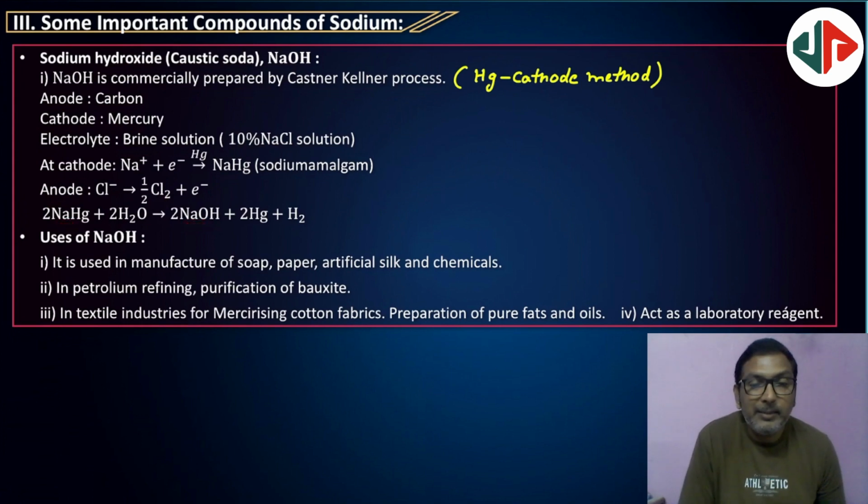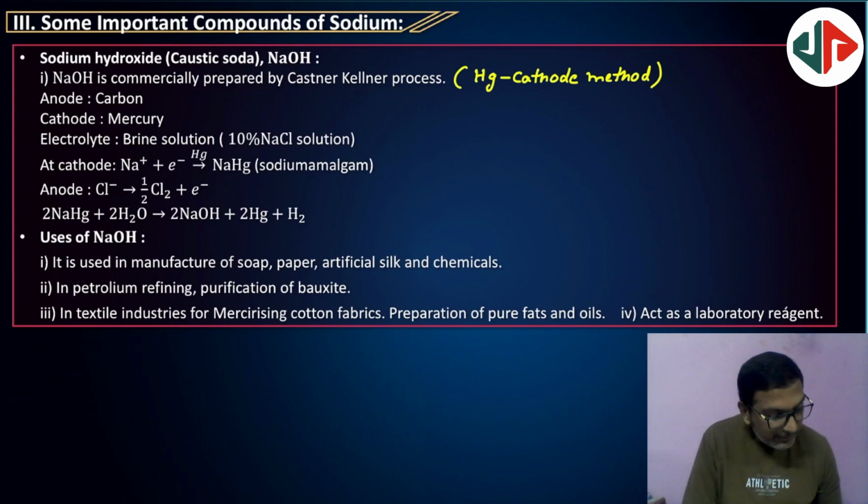There are three compartments, outer compartments and a middle compartment. In the outer compartment, sodium amalgam is formed. That will be shifted to the middle compartment. In the middle compartment, Na-Hg acts as anode. From that, we will get NaOH.